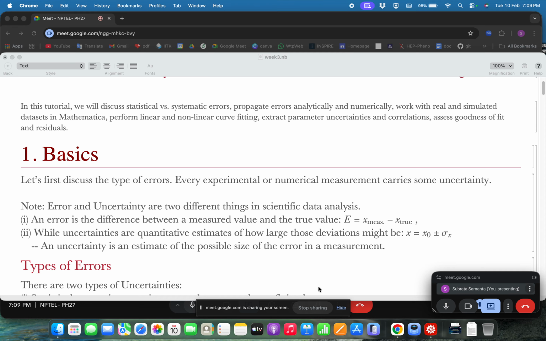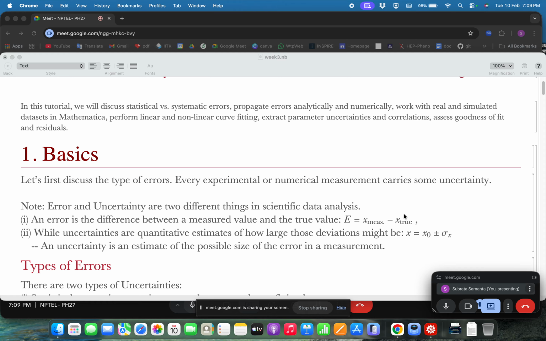So since we do not know what the true value is for some observables, we do not know what the error is, right. So whatever you measure, since we do not know the true value, how do you calculate the error, right. So you always predict how large the deviations from the true value are, within some probability, right, and that is the uncertainty. So let us say within 1 sigma or 68% probability or 95% probability.